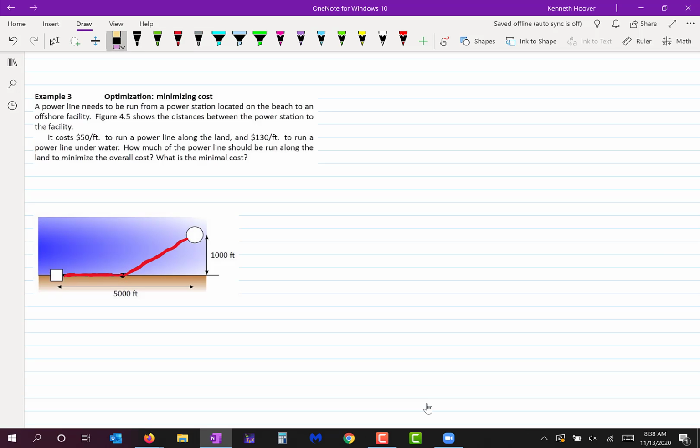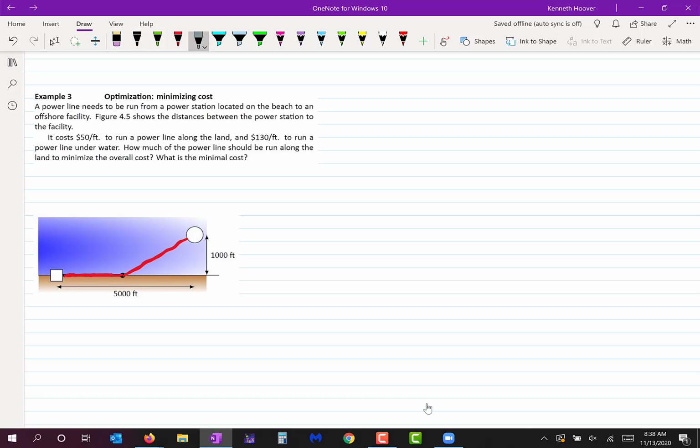Okay, so here's what we're going to do. We need to decide how far we're going to go along the shore, and then when we make the turn, how long will that be? We need to find those two things.